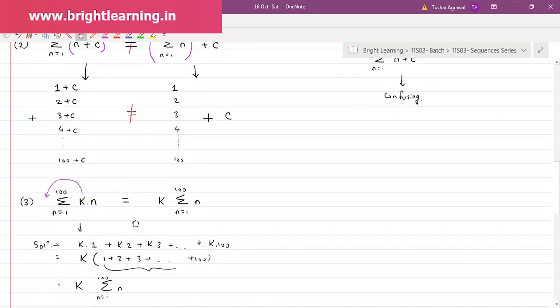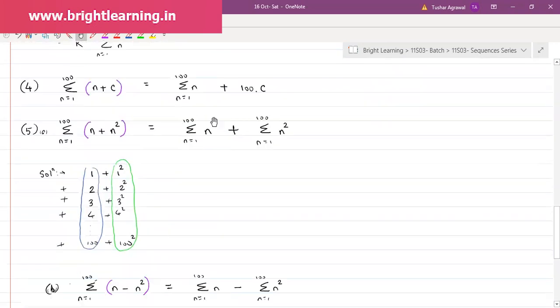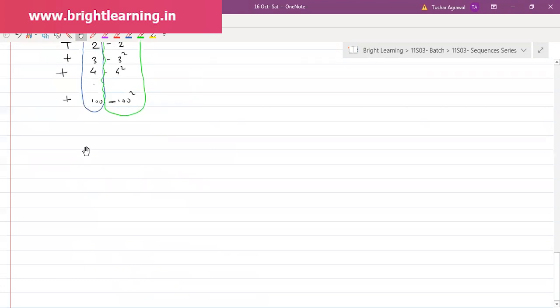Okay, so all these properties, if I combine together now, this is, let's say, summation of n square plus 3n minus 4, where n is equal to 1 to, let's say, 100.